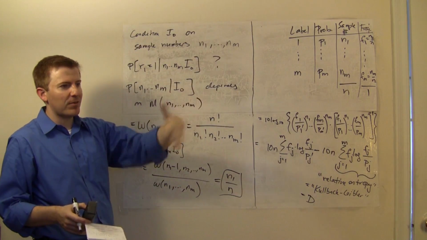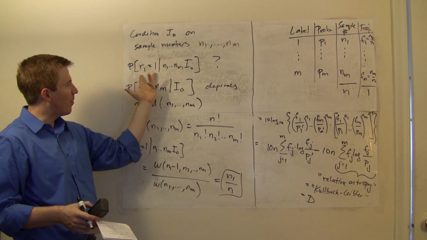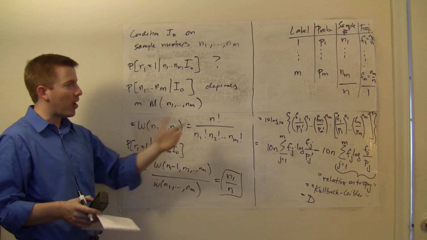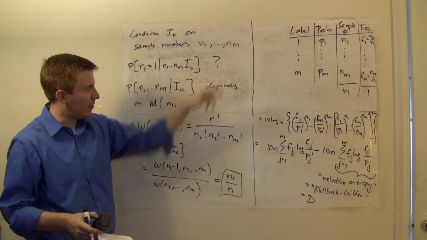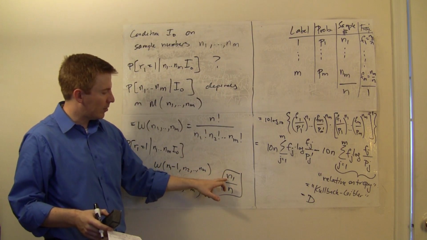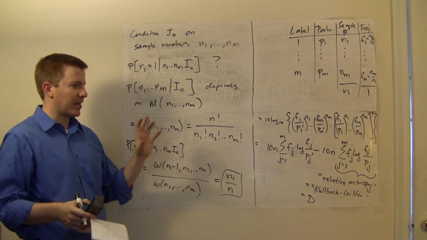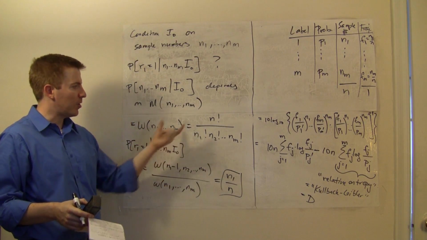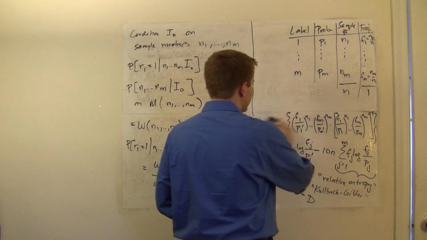We don't know where those n1 times were. So the probability of the first trial being one of them is basically that n1 number of 1 results divided by the total. You can think of this like an urn drawing problem where we know the proportions, but we don't know the order that they come out in. Not too surprising.